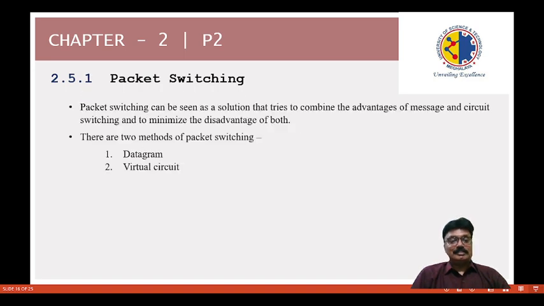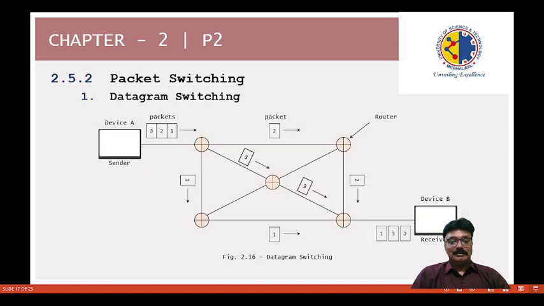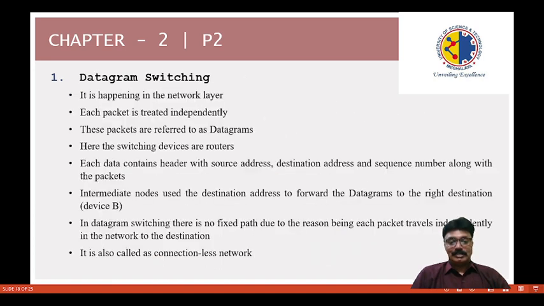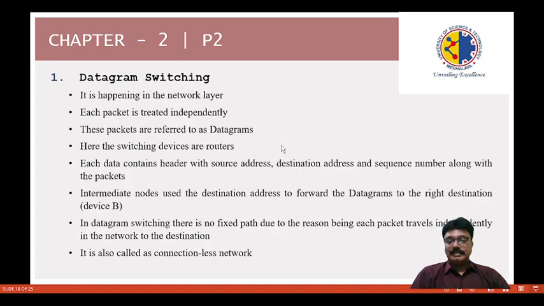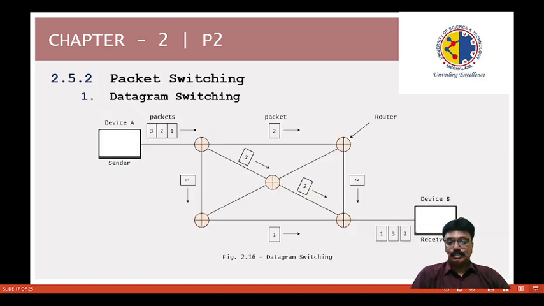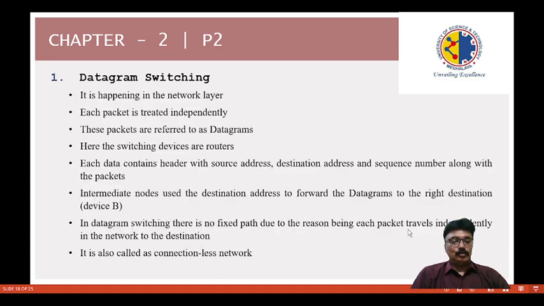That is the point we need to keep in mind. The source address, the sender address, will be in this field. The destination address, the receiver address, will be in this field. And with that, the sequence number, which tells which sequence it needs to move in, either the first one, second one, or third one. With that sequence number, that packet will be moved.